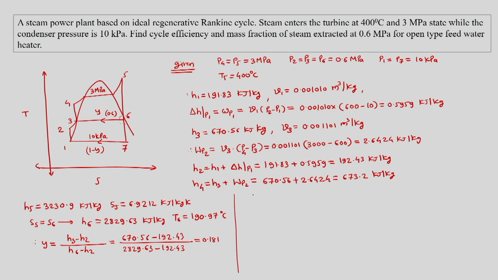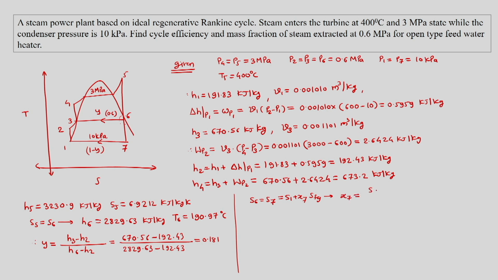Upon that we will find state 7, where we know S6 is equal to S7, and this is equal to S1 plus X7 into SFG, if the entropy at 6 is lower than the vapor saturation entropy corresponding to 10 kPa, which happens to be the present case.